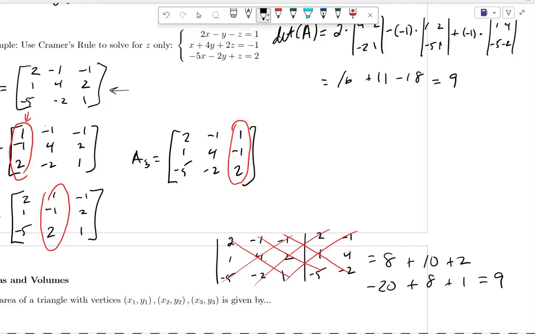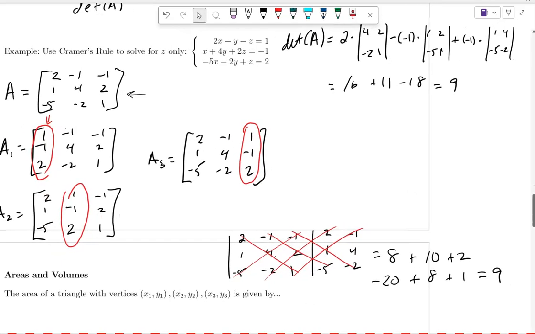All right. What about your other determinants? I need to do my A1, my A2, and my A3, right? By the way, I'm a lot more willing to show this one than what they refer to as the basket weave method.